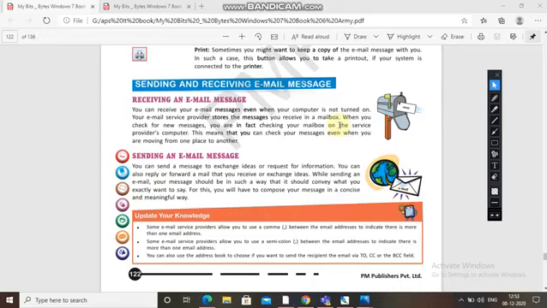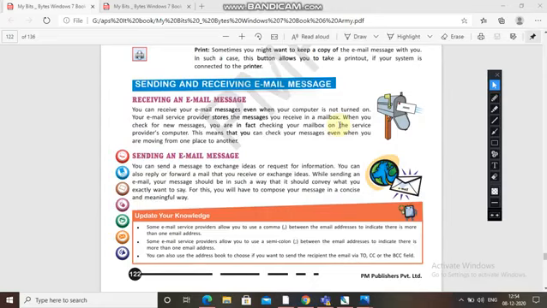Some email service providers allow you to use a comma between the email addresses to indicate there is more than one email address. If you want to write more than one email address, then you have to use a comma. Some email service providers allow you to use a semicolon between the email addresses to indicate that there is more than one email address.